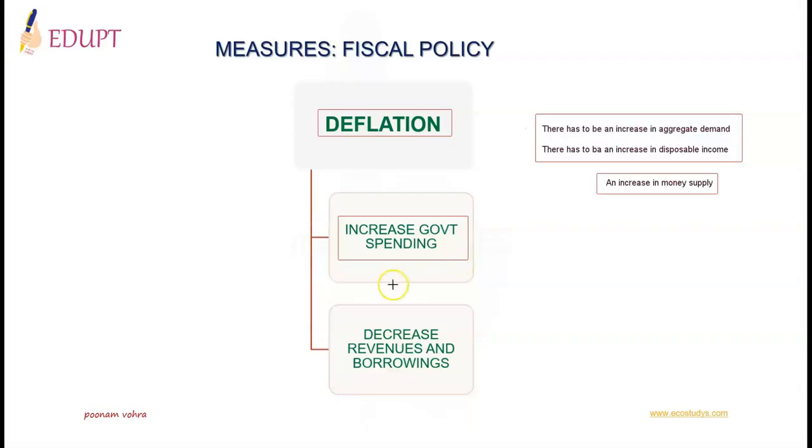Also, government must decrease revenues and borrowings. By following these measures, there will be an increase in money supply and deficient demand can be taken care of.